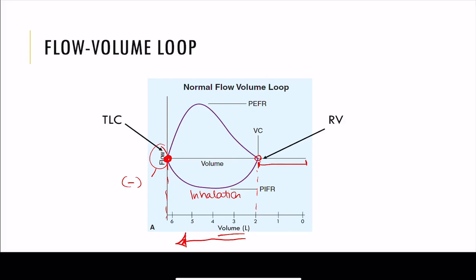Then you tell the person to exhale, and you can see you have the highest flow rates initially because when you exhale with force, when you use muscular effort, the rate at which the flow is coming out is fastest at the beginning of your exhalation, because at maximal volumes you have the greatest amount of elastic recoil, plus you have the muscular effort of the muscles of exhalation kicking in.